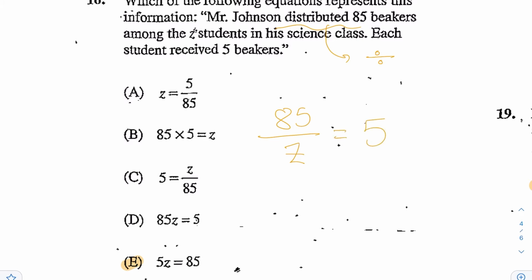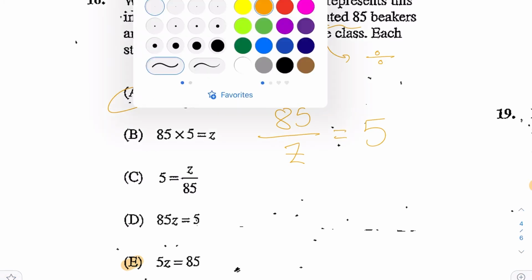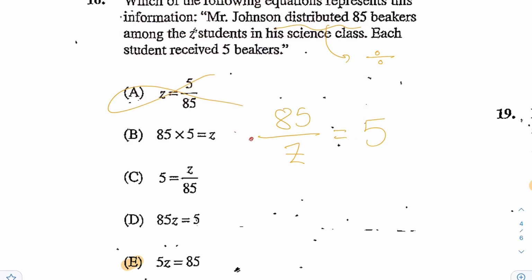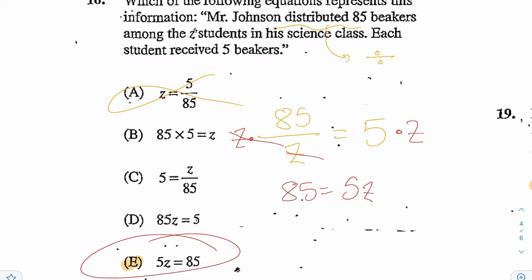So you don't see that here. You'll have to rearrange it. Choice A is not quite right. Here, if you multiply both sides by Z, using just inverse operations, you get that 85 is equal to 5Z, and that's choice E.